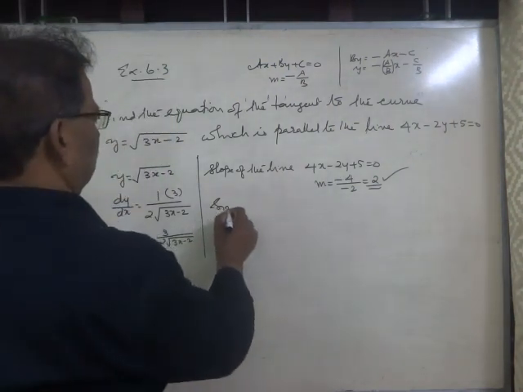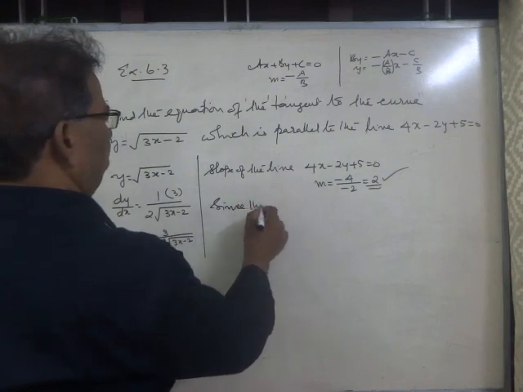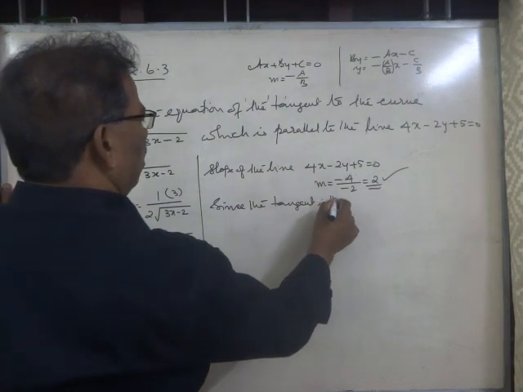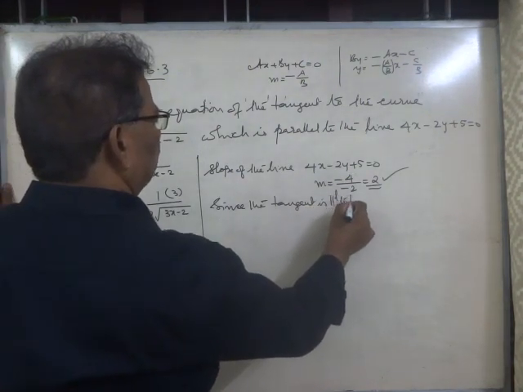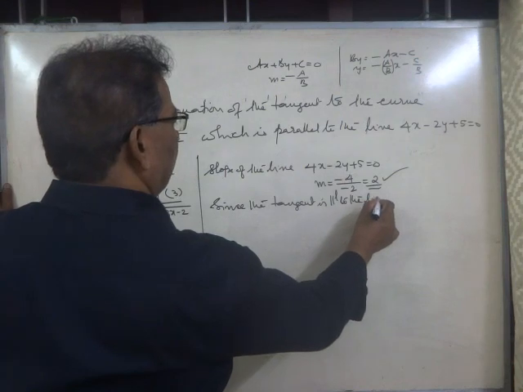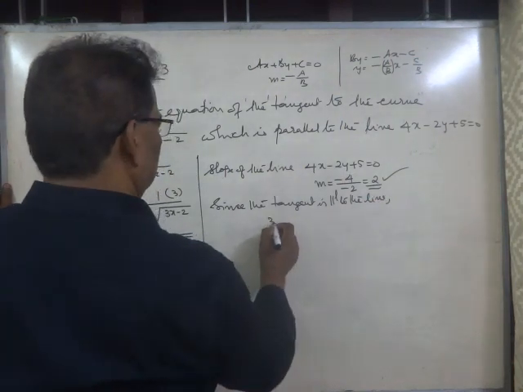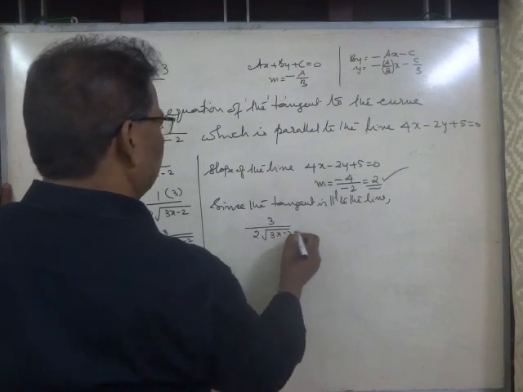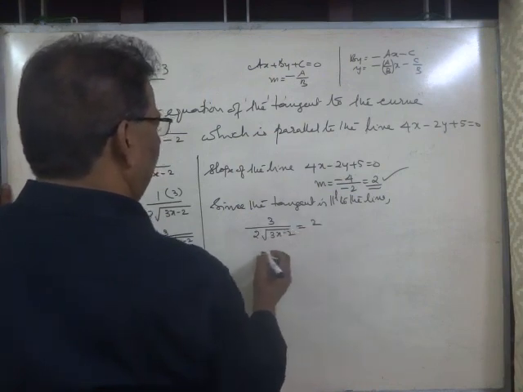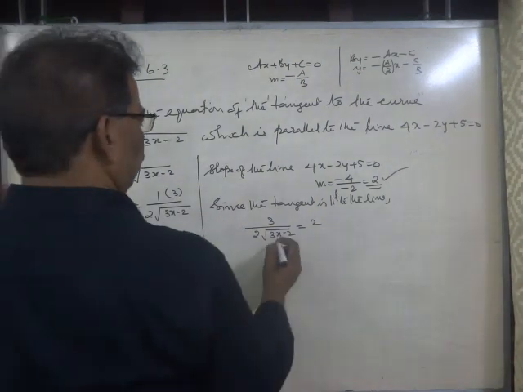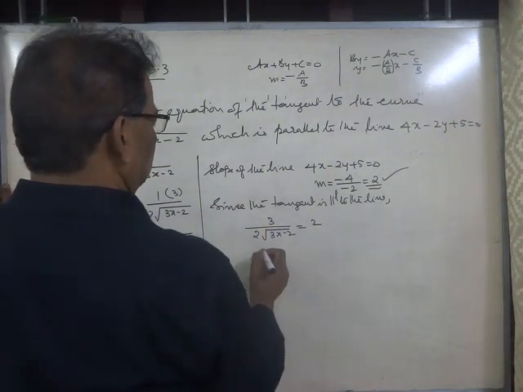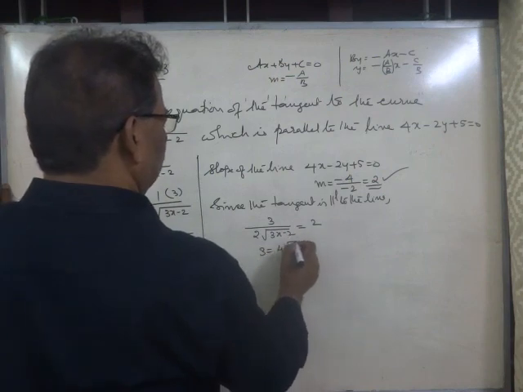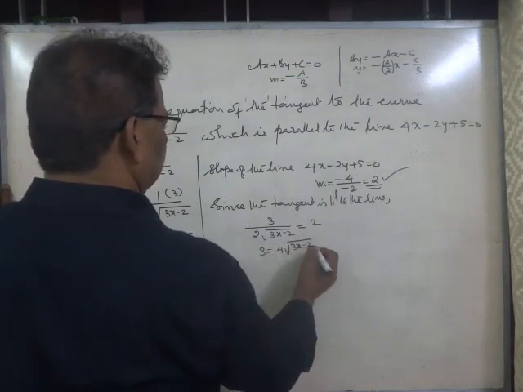Since the tangent is parallel to the line, 3 by 2 into root of 3x minus 2 must be equal to 2. That is 3 is equal to 4 into square root of 3x minus 2.